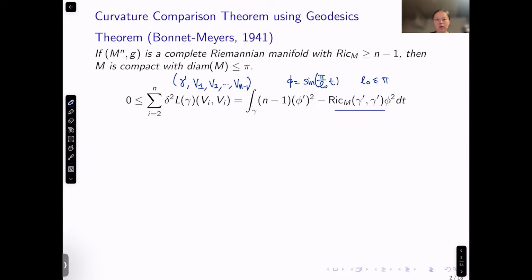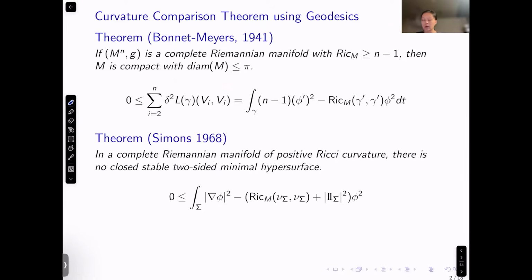And now if we generalize length into higher dimension, we get minimal surfaces. And this is a theorem of Simon's. He computed the second variation of minimal surfaces. For example, if you assume the Ricci curvature of the ambient manifold is strictly positive, and if your minimal surface is closed, this means that you can choose the compactly supported function phi to be equal to 1 everywhere on sigma.